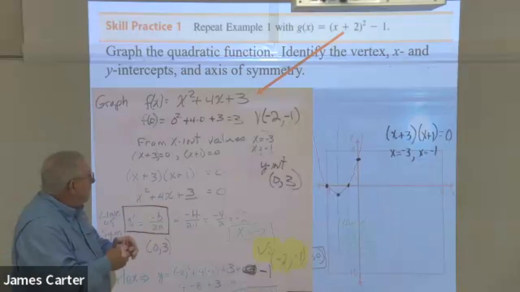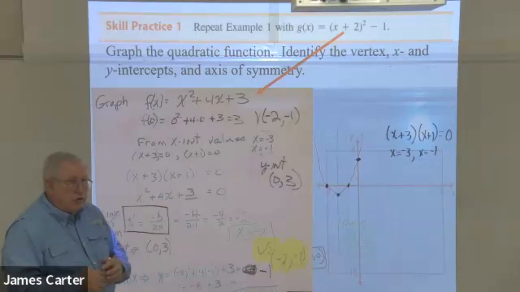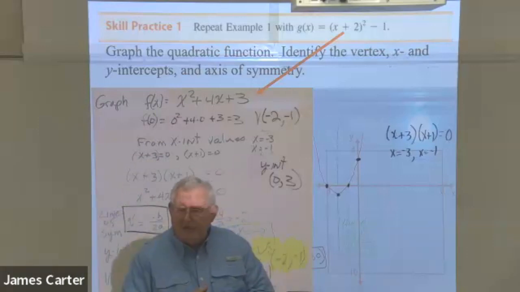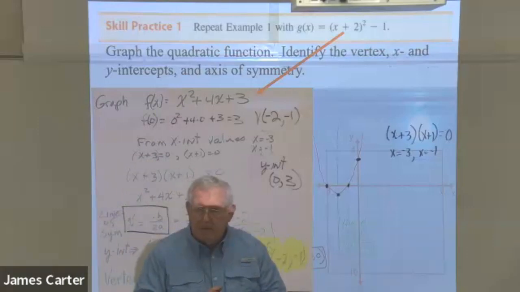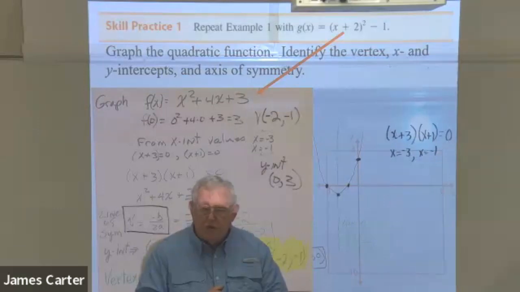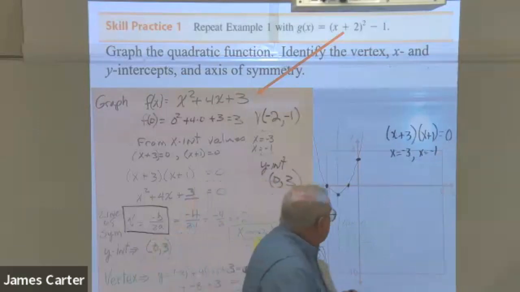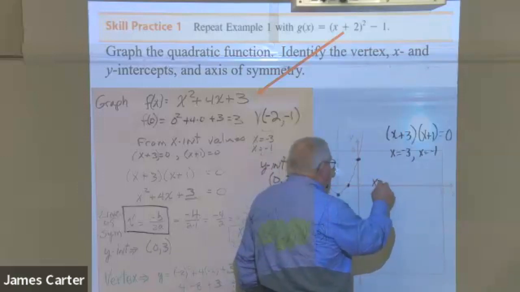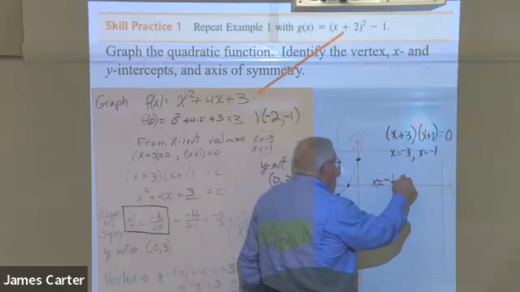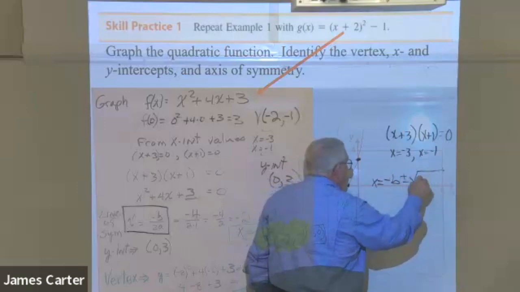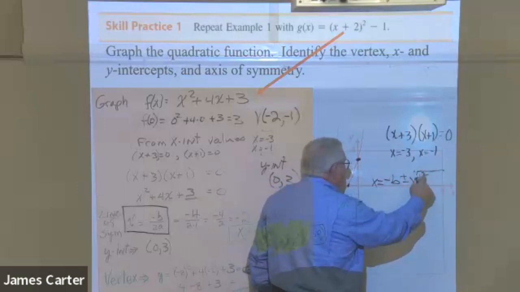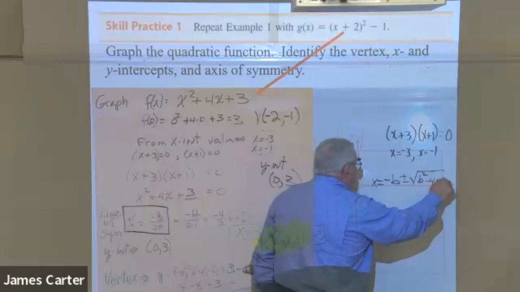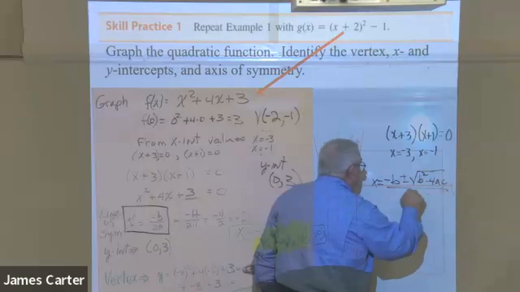Now, I want to show you where that -b/2a formula came from. In the quadratic formula, x equals -b plus or minus the square root of b squared. And by the way, some of you leave off that square. Minus 4ac, everything over 2a.